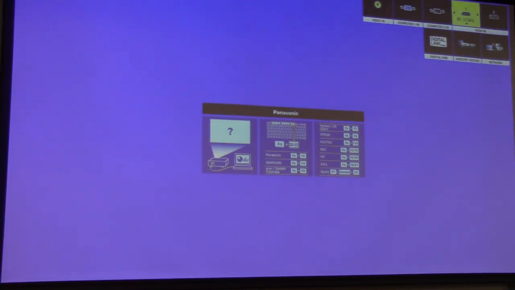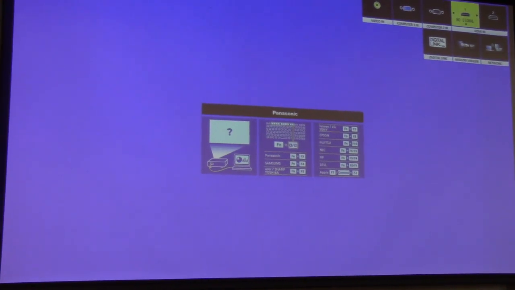All right. Let's see if this works. Well, there it is. This only works if you plug in the computer, you know?